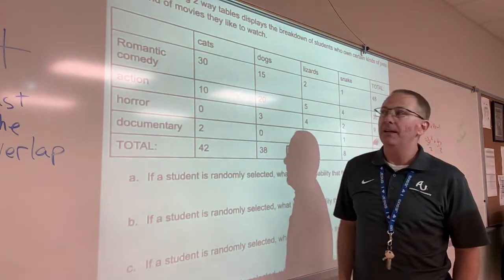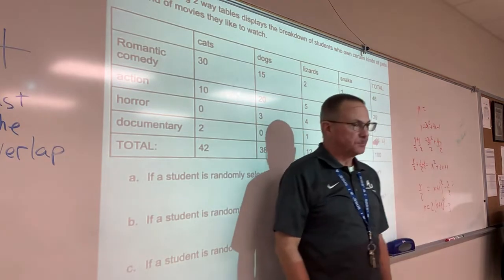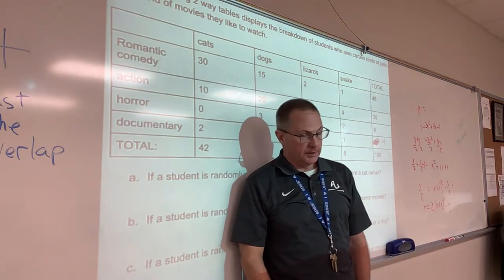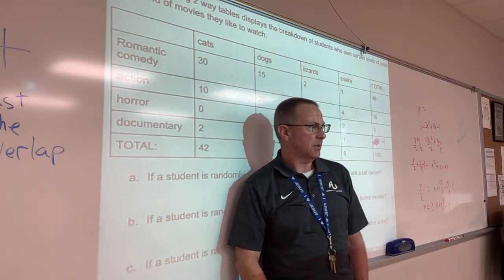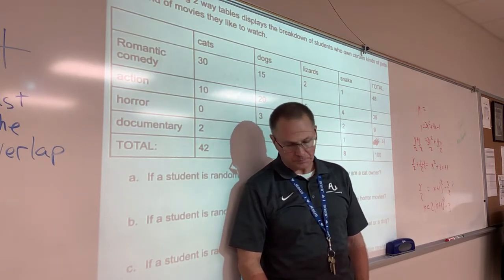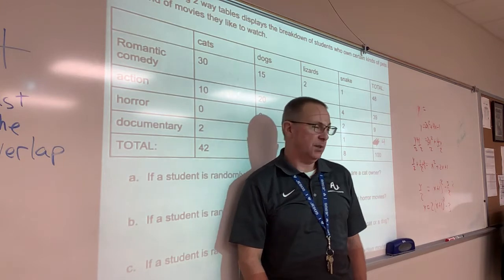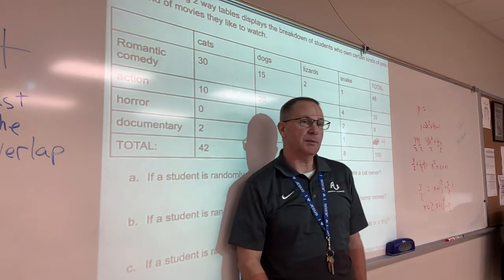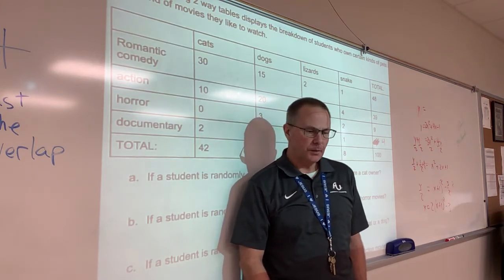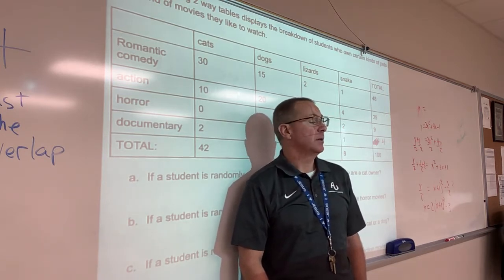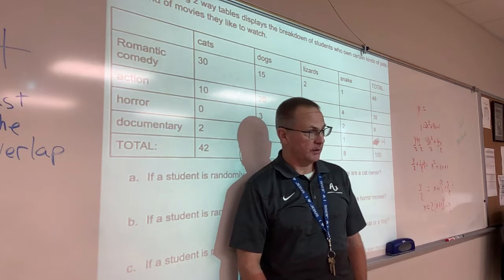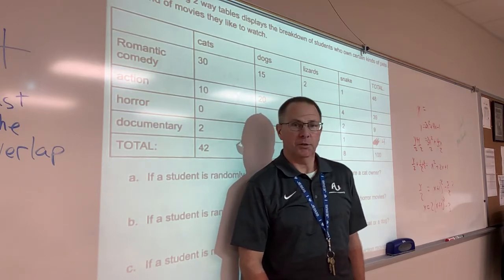Now, today it's going to be said like this, and this is important. If you see the word "given," that means it's a conditional type of probability, and it's really pretty easy, but you've got to remember this. If I say, what's the probability that you like romantic comedies given you're a cat owner?